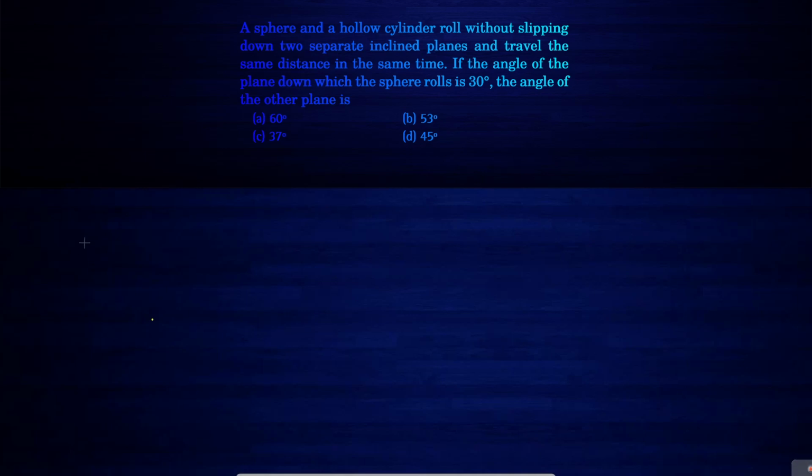Okay, there is an inclined plane and there is another inclined plane.